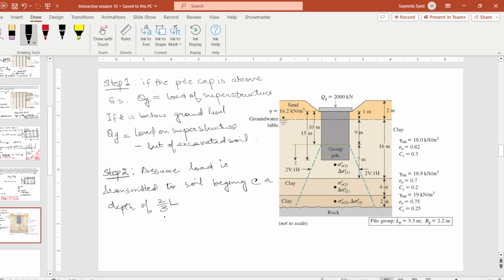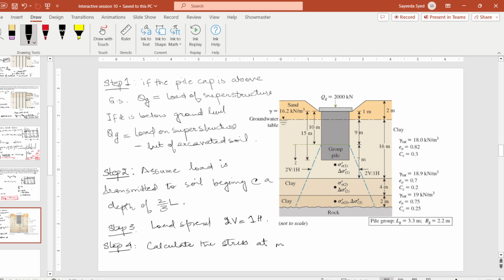So what we do is calculate the stress at mid height of each layer. In this question we have three layers of clay, one, two, three.